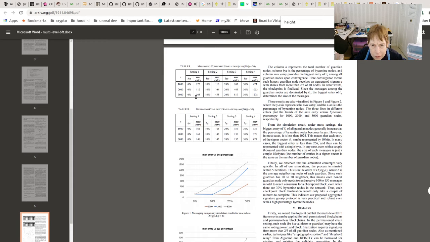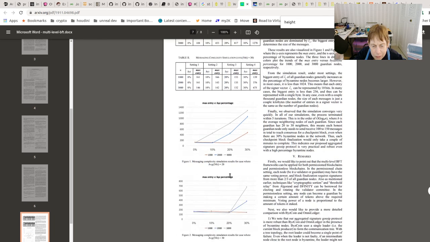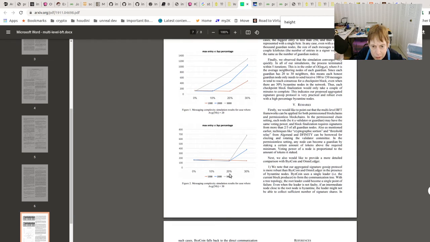You can see it kind of goes up and then goes up a lot. This one kind of stays the same until you get to about 20%. With 1,000 nodes, it's the same kind of thing. It really takes off if you have 30%. And this is if you have neighbors of 30 nodes. You need more than 20% bad nodes for the amount of messages to really shoot up.